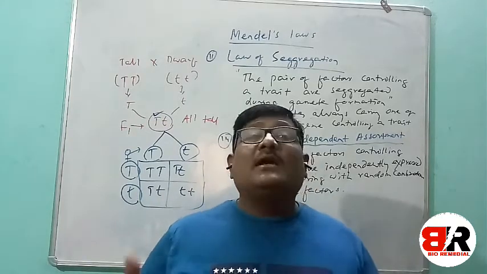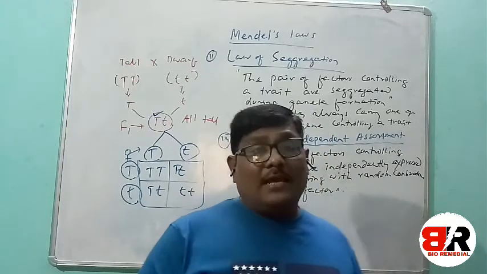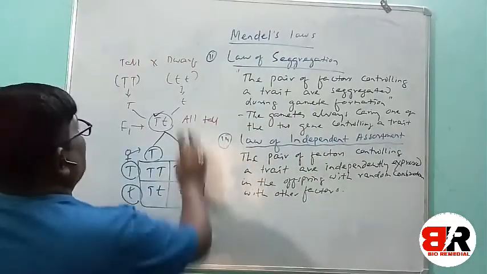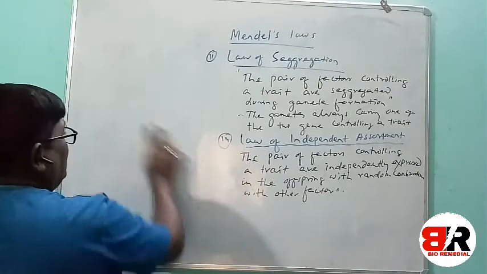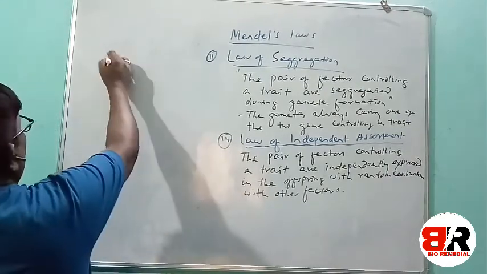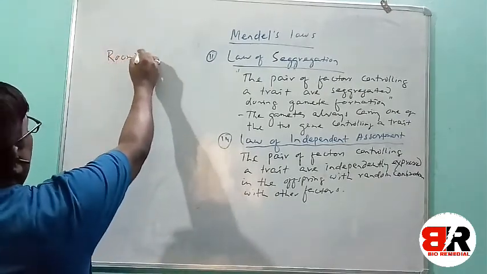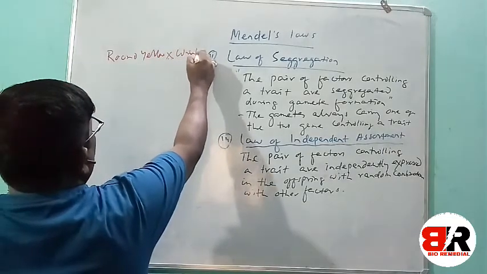I will explain how Mendel proposed this law from the dihybrid cross. Look at the dihybrid cross. Students, in the dihybrid cross, Mendel crossed two pea plants. One is round yellow with wrinkled green.